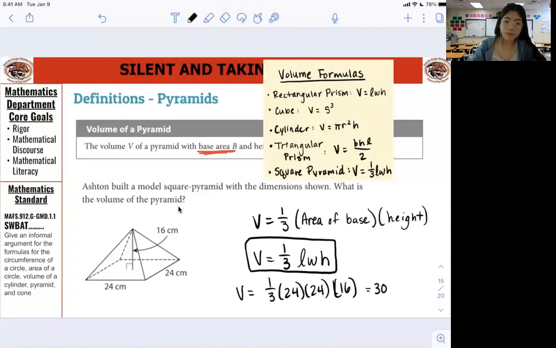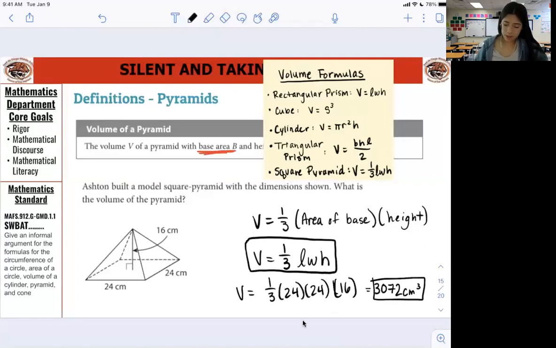Oh, 3,072. Oh, Jalen. 3,072 what? Centimeters cubed. Good. All right, so that is the final formula that we're going to talk about.